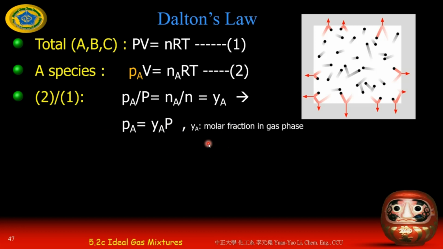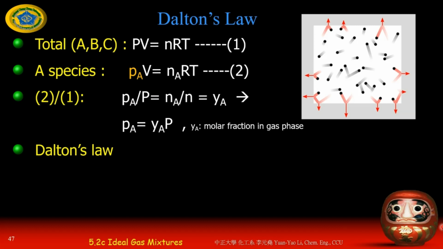This is what we call Dalton's law. Ladies and gentlemen, you need to remember this because it will be in your final exam. Again, the partial pressure of species A equals the molar fraction of A times the total pressure in this environment. It's not difficult at all for you to remember.